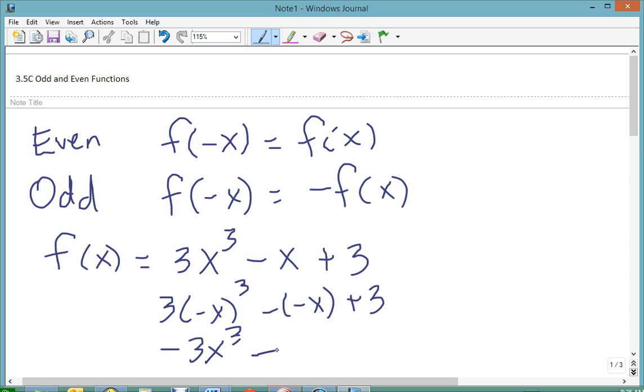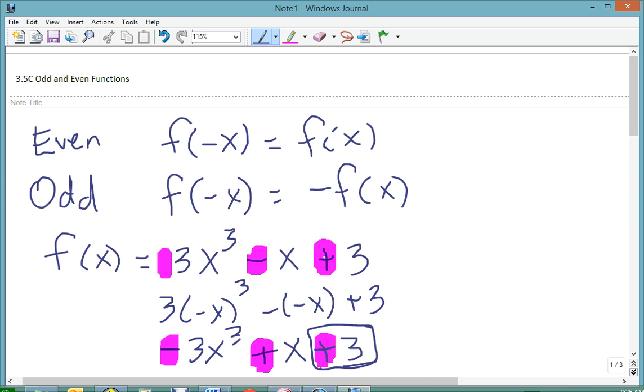And there we have a negative and a negative, so that would switch that sign, and then we just have plus 3. So that means we had positive, and now we have negative. We had negative, and now we have positive. We had positive, and now we still have a positive. So this made it so that it was not an odd function. So this is neither even nor odd. We can't say it's even because some of them changed, but all of them didn't change. So it's not even and it's not odd.